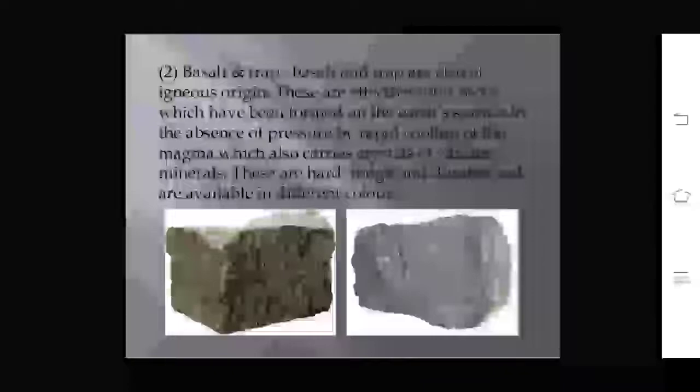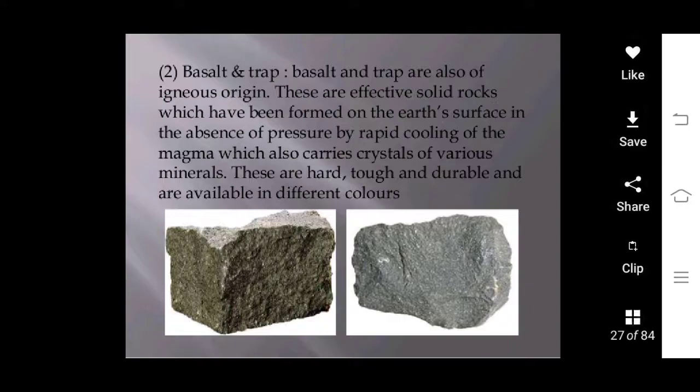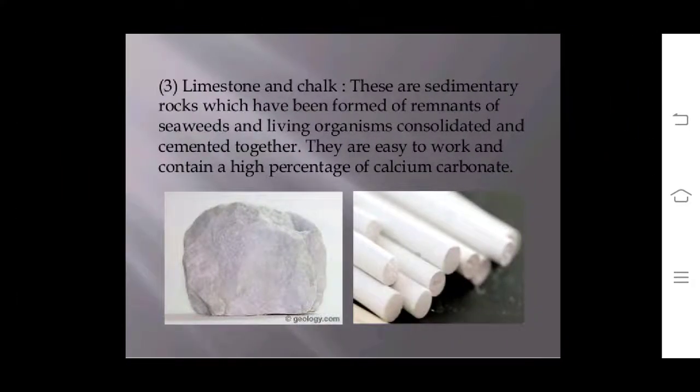These are effective solid rocks which have been formed on the earth's surface in the absence of pressure by rapid cooling of the magma, which also carries crystals of various minerals. These are hard, tough, and durable kinds of stone and are available in different colors.